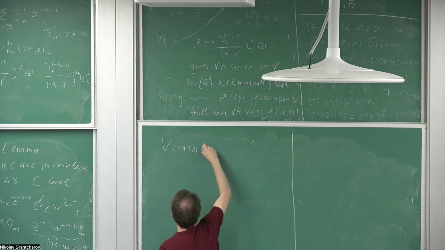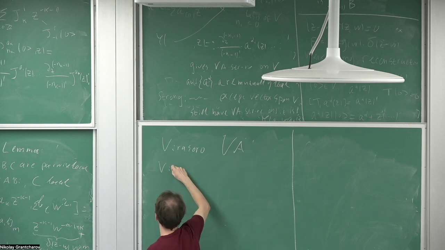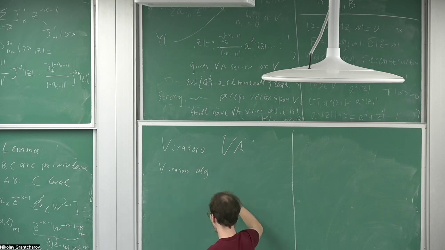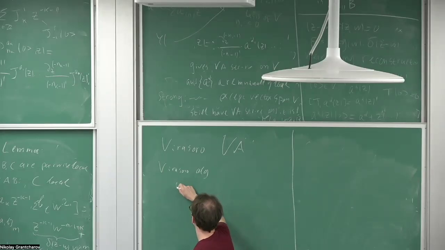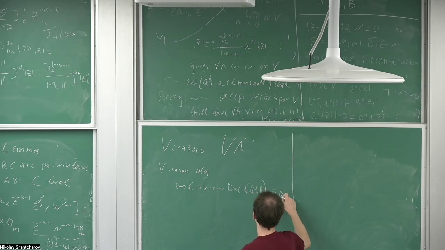Virasoro vertex algebra. So let's start with Virasoro algebra. This is also a central extension of Witt algebra. So C, D, relations of C of zero.